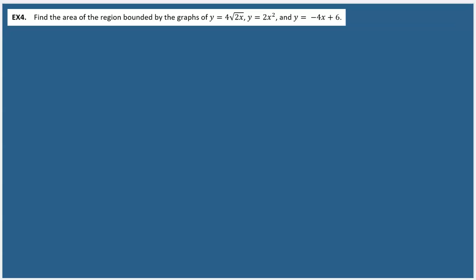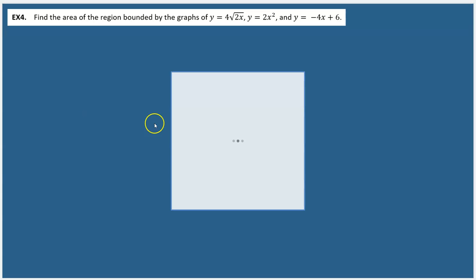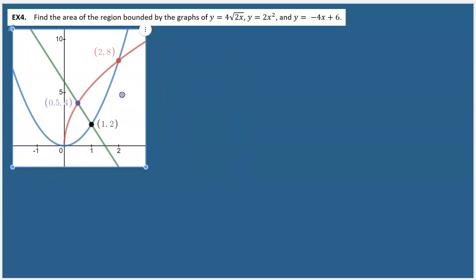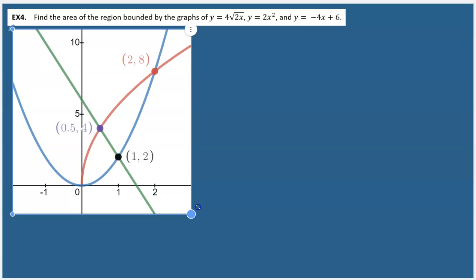So the easiest thing for now is to go ahead and use Desmos and put up the graph for the region. So we are looking at this right here. Okay, that's the graph for that.